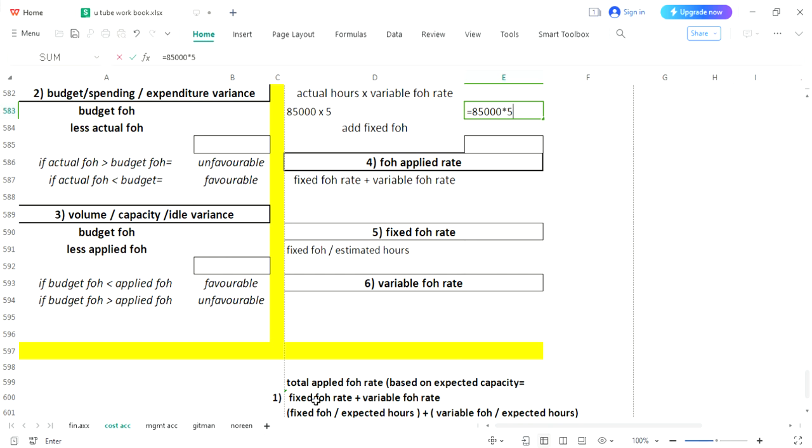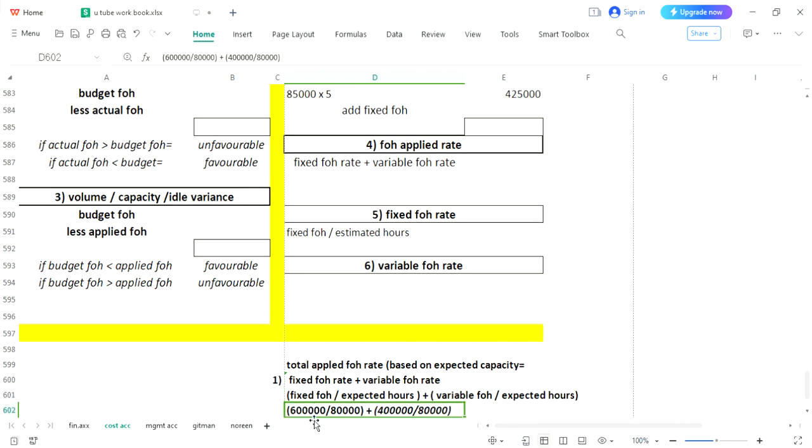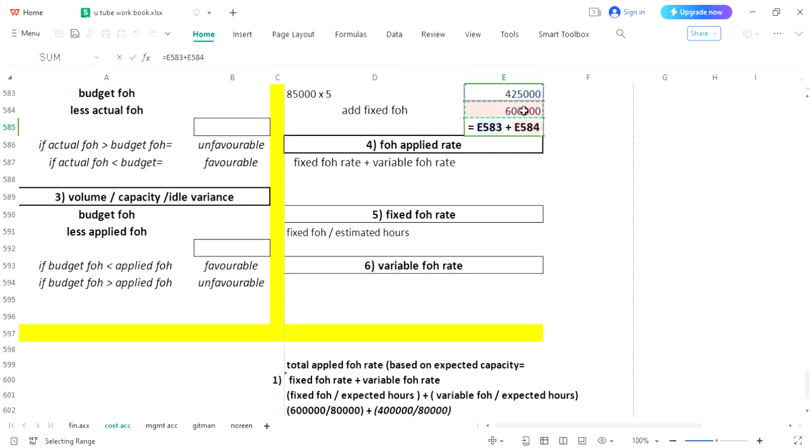So first statement is completed, and now fixed FH, which was given in the question, you can see over here, fixed FH was written as 6 lakh. So you can directly write 6 lakh over here. It's time to calculate the sum of both lines. First 4,25,000 and then add 6 lakh. We will get our total answer.